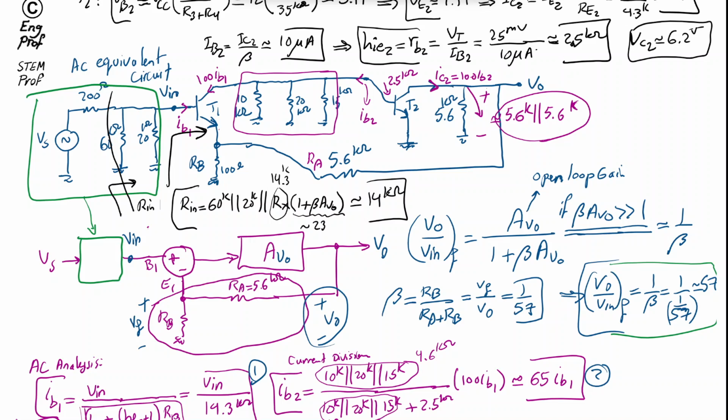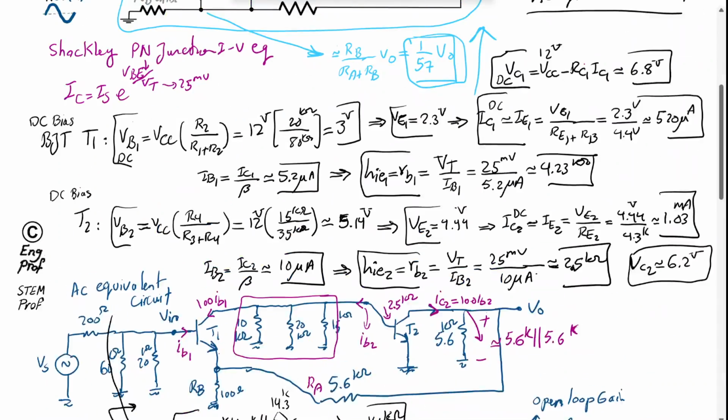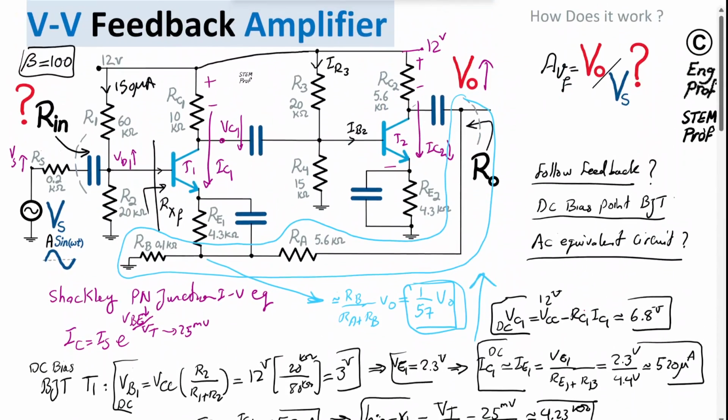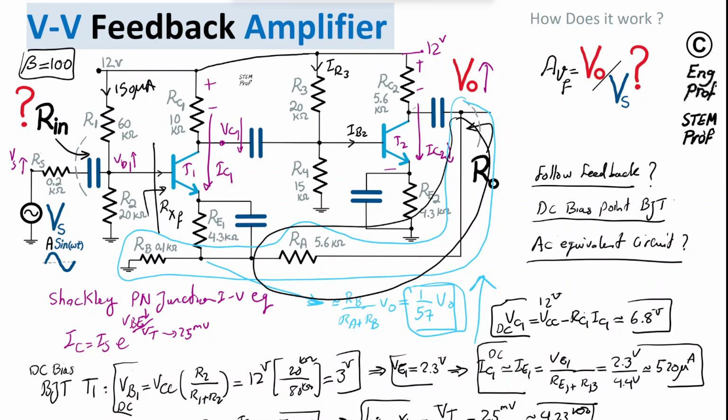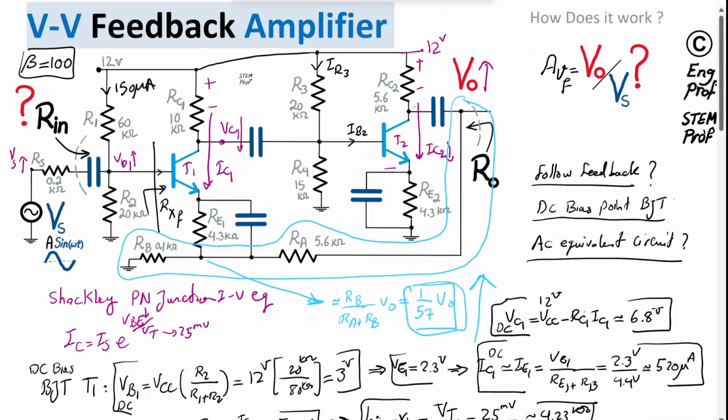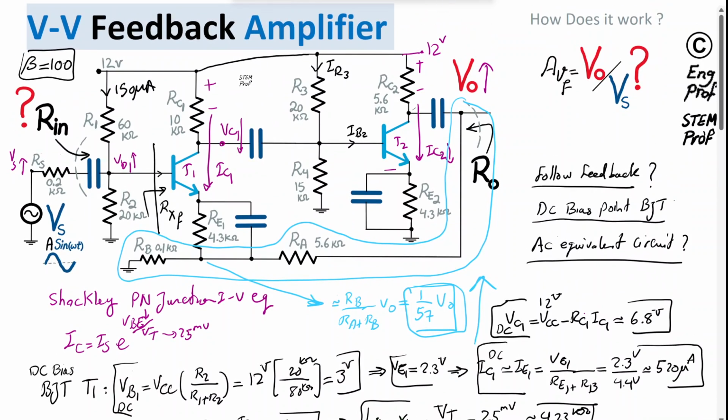With that said, for the output impedance, it's the same idea. The output impedance of this circuit, if you take a look at it without feedback, is just 5.6K, and then another 5.6K here, and the Rout of the transistor, AC wise, with the emitter at AC ground or virtual ground. So I'm going to show it here. Let me move this away.